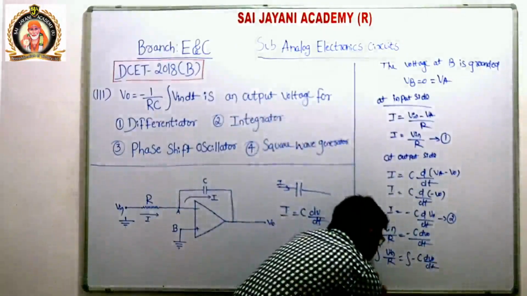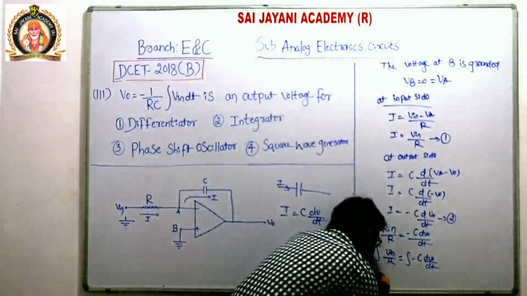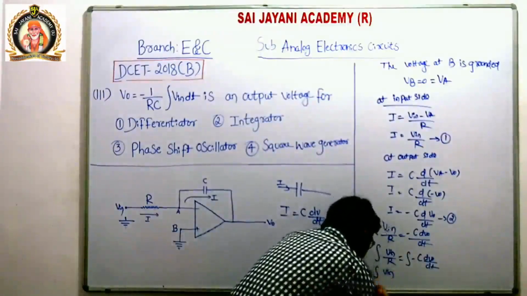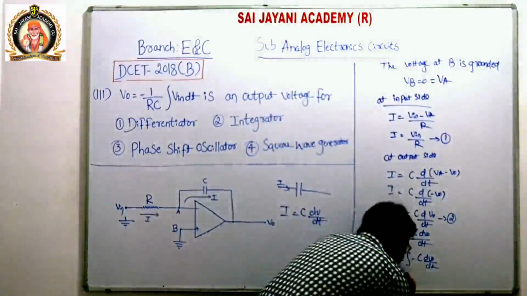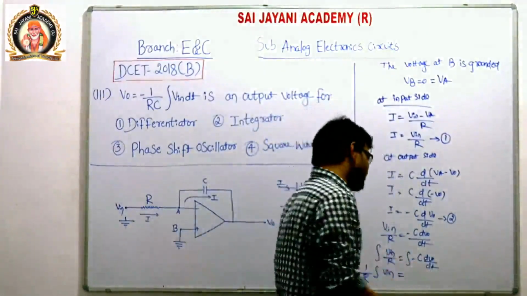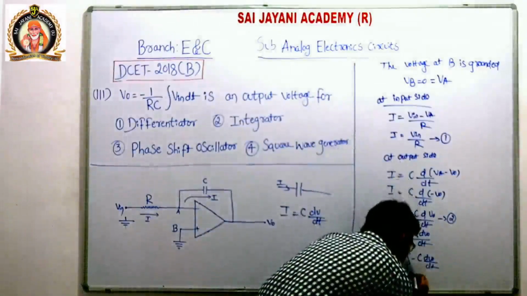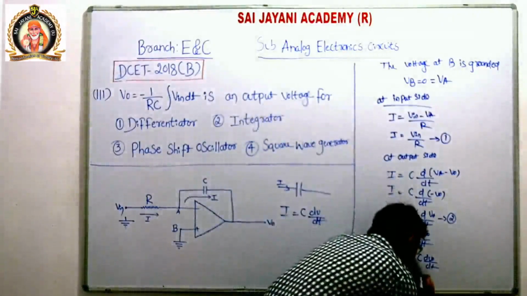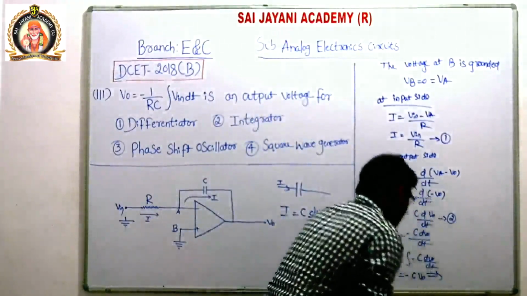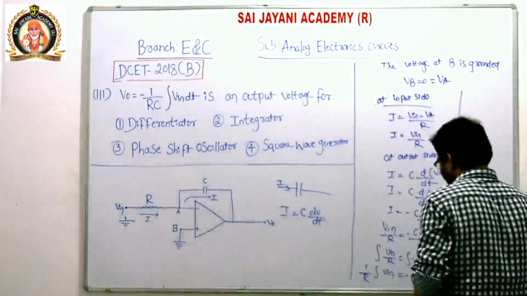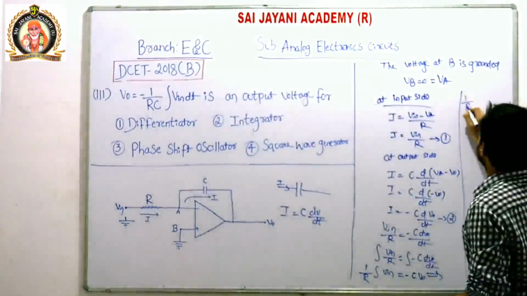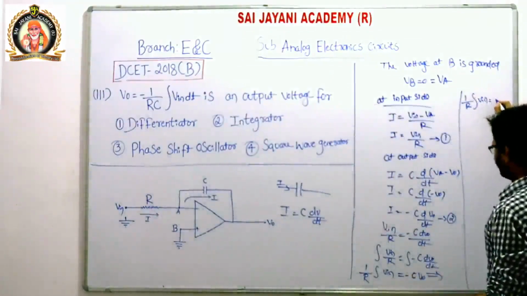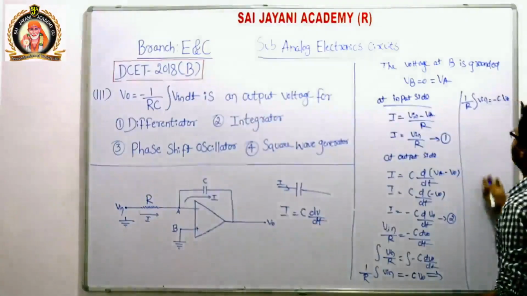That means 1 divided by R, integration of V in is equal to, since the integration and differentiation cancel out, we get only minus C V naught. Writing here what we get: 1 by R integration of V in is equal to minus C into V naught.